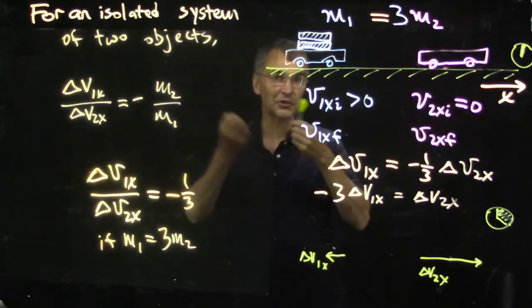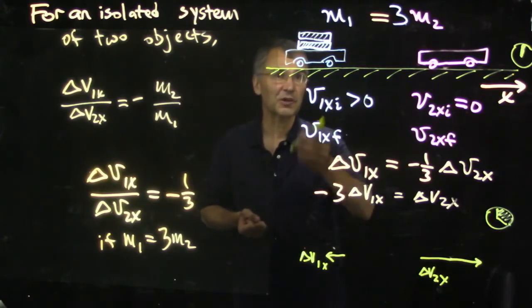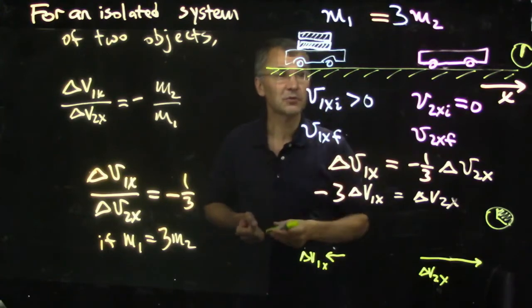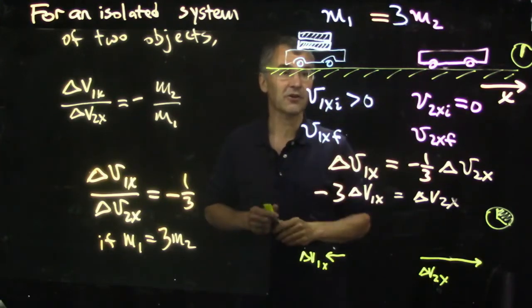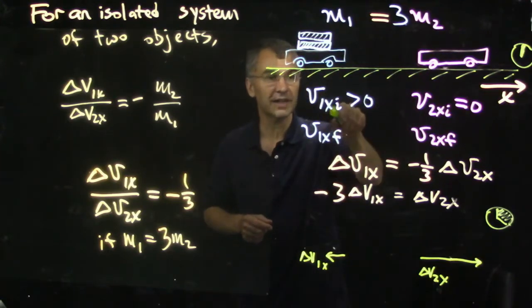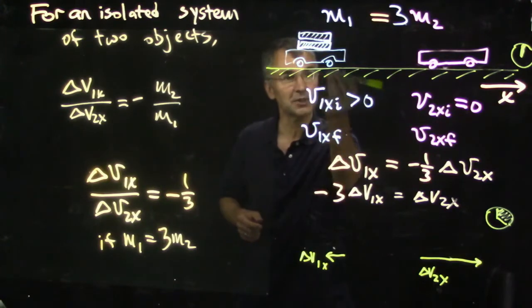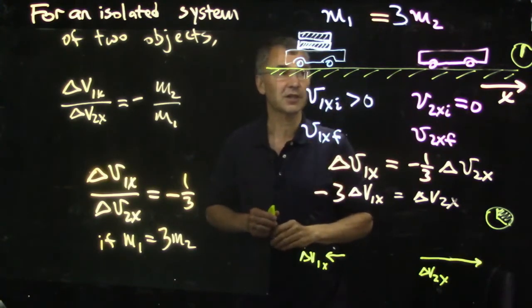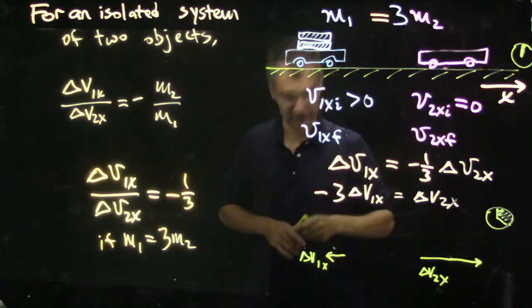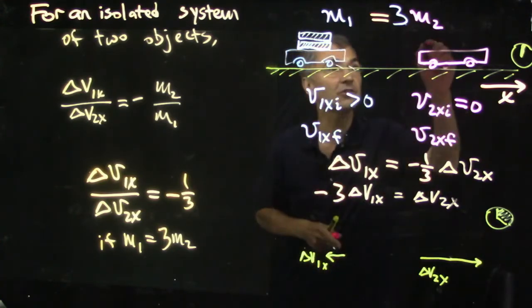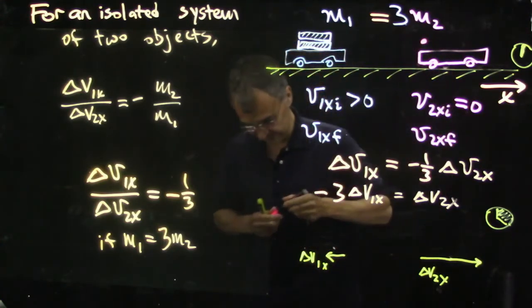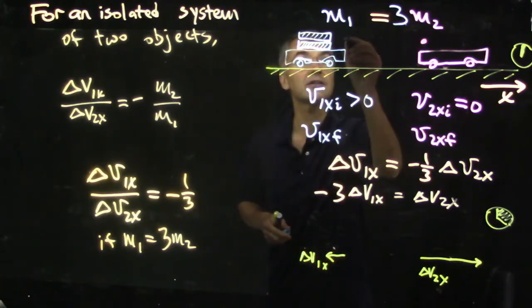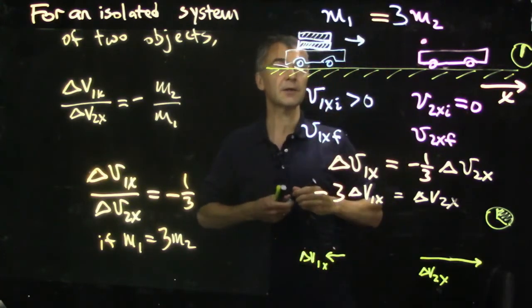Our first little experiment will have the blue cart moving to the right and the red cart stationary. So V1x initial is positive because the positive x-axis is to the right, and V2x initial is 0.